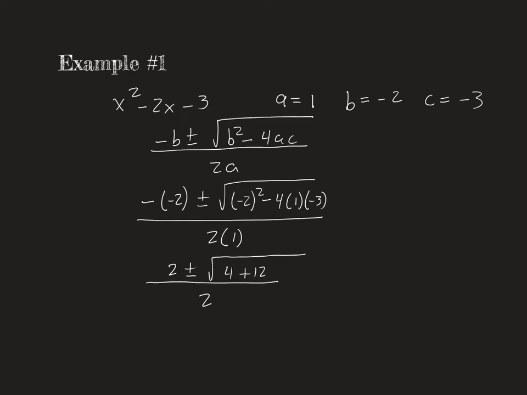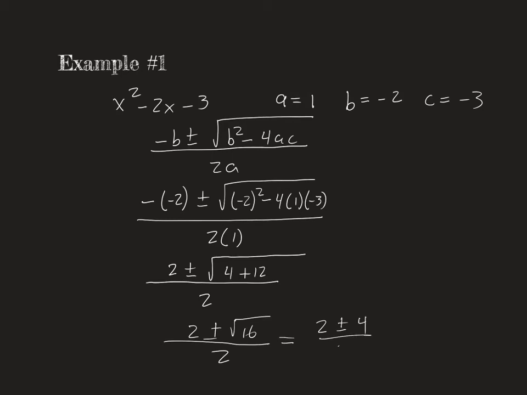We're going to simplify this a little bit more, and that's going to give you 2 plus or minus the square root of 16 all over 2. And that simplifies into 2 plus or minus 4 over 2.